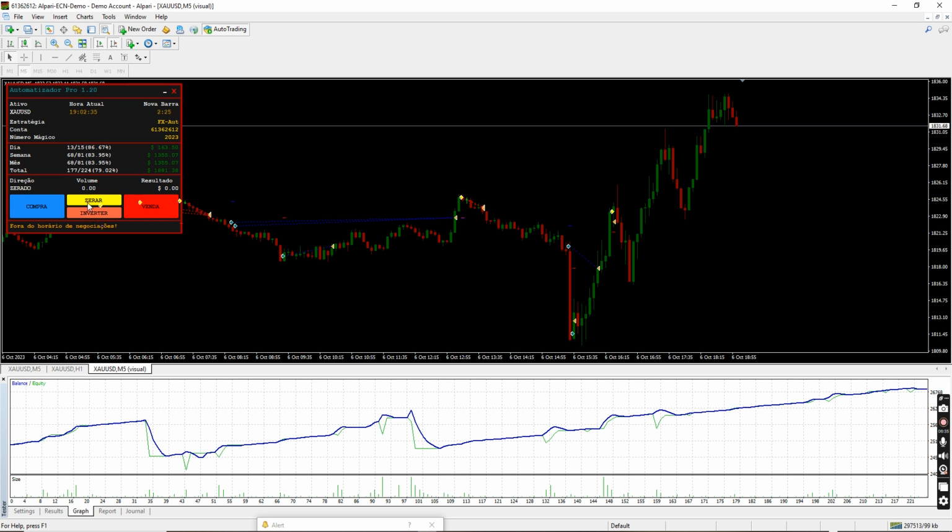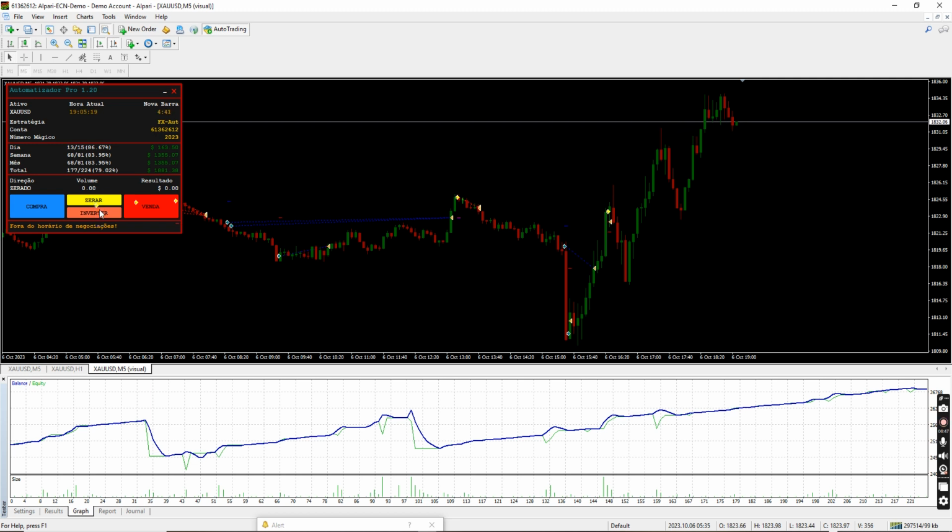As you can see, now we have two options here, and I'm going to explain. This is to buy, this is to sell, this is to close all your trades, and this is to reverse. Let's say you are trading manually and your indicator or your strategy changes. Once you click here, it's going to obey all the rules that you put into this trade and it's going to trade.